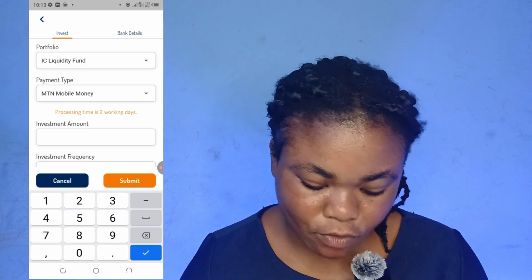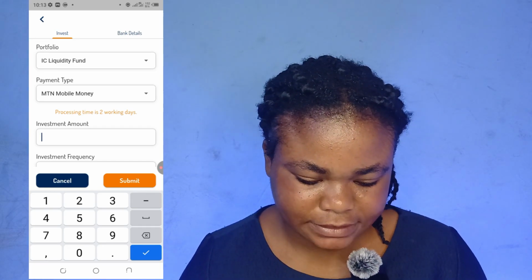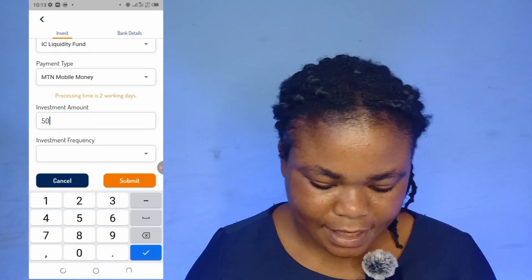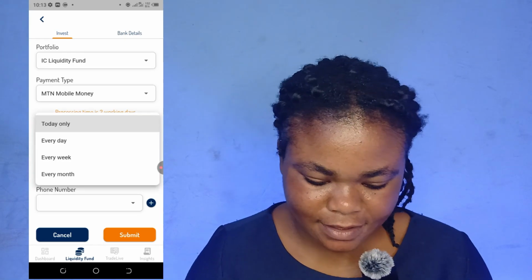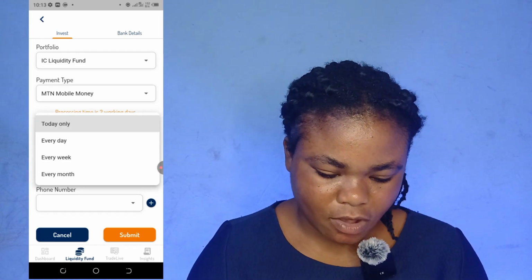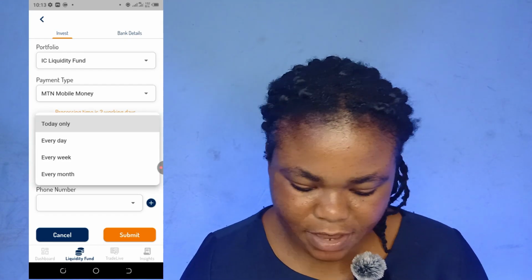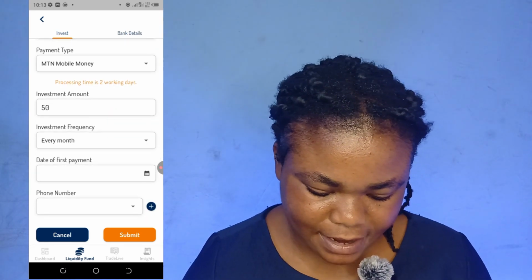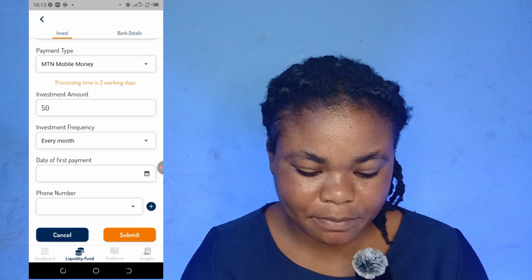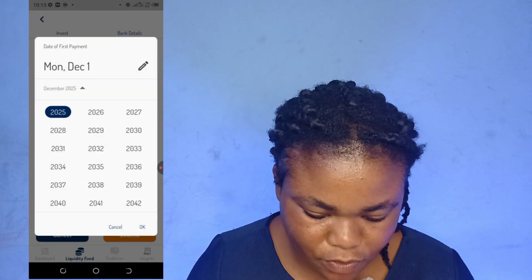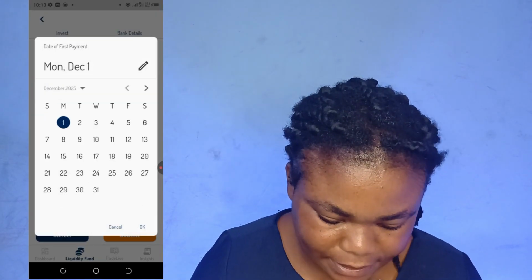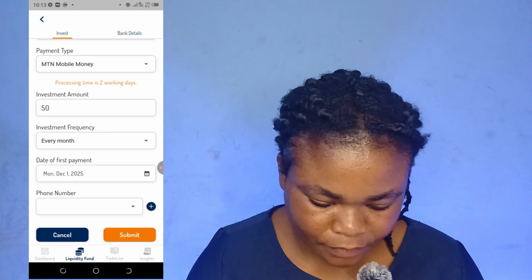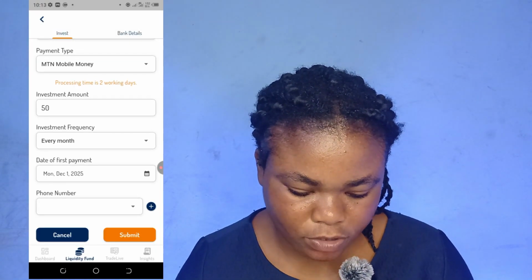So I want to buy 50 cedis shares, and then the frequency: either only today, every day, or I will select every month. And then the date of first payment, so I will choose my date. And your contact.